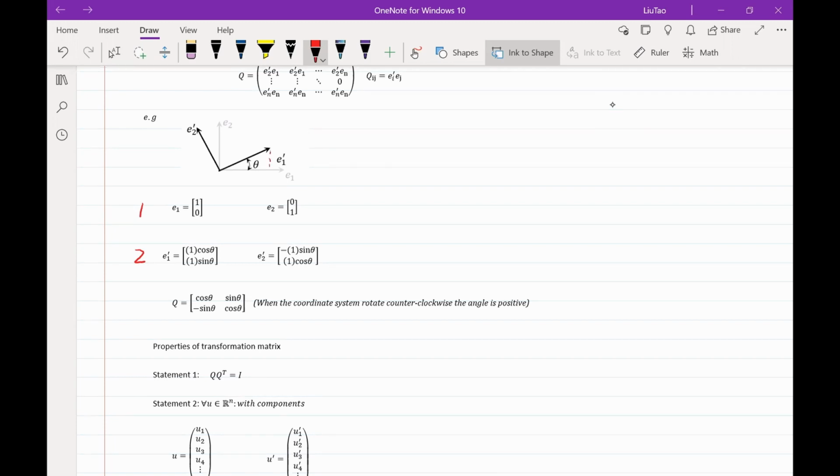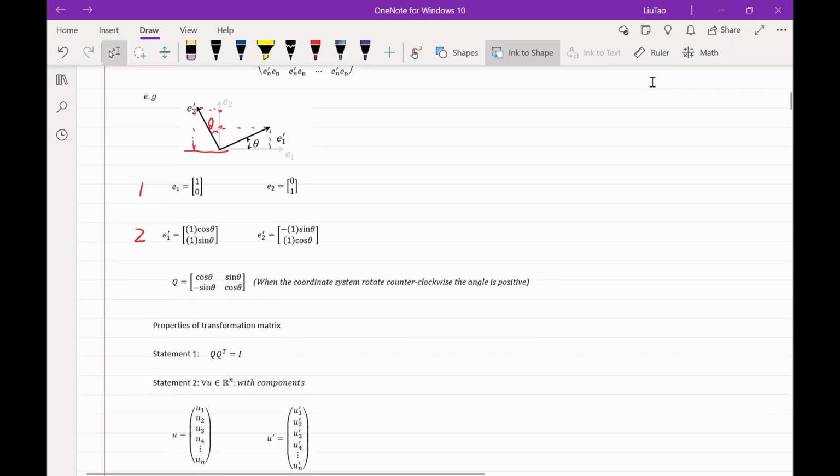So E1 prime will have two components, cosine theta and sine theta. And E2 prime is equal to negative sine theta and cosine theta.